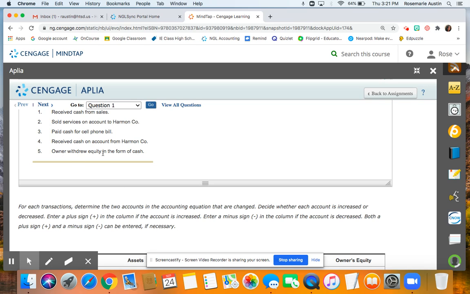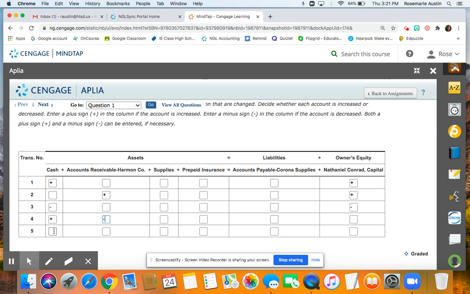Owner withdrew equity in the form of cash is just a fancy way of saying the owner took money out of the business for personal reasons. So cash goes down because the owner took cash, maybe out of the cash register drawer, and net worth is decreased as well.